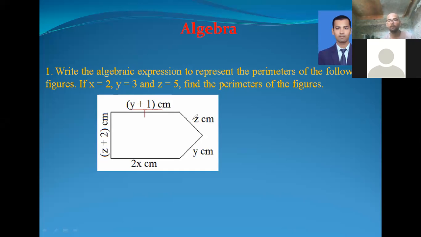The first slanting part is z centimeter. In the same way, the second slanting part is y centimeter. The down part is 2 centimeter. In the same way, this vertical part is z plus 2 centimeter.